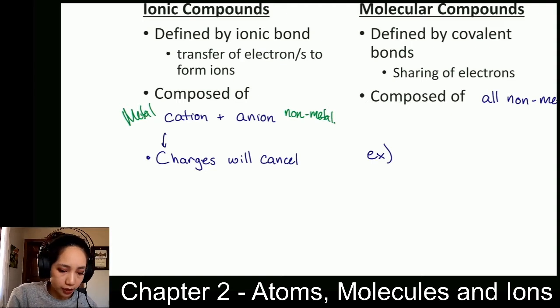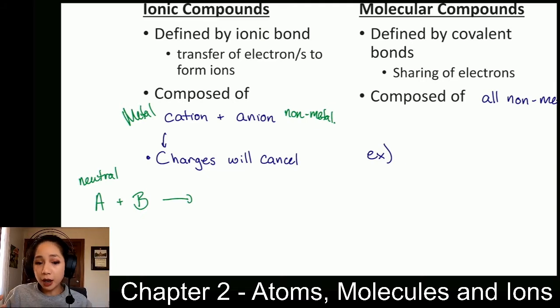So, for example, if we have a metal A plus a nonmetal B, both of these are neutral in their neutral state. If they become ions, we have our A cation and our B anion with a +1 and a -1 charge.